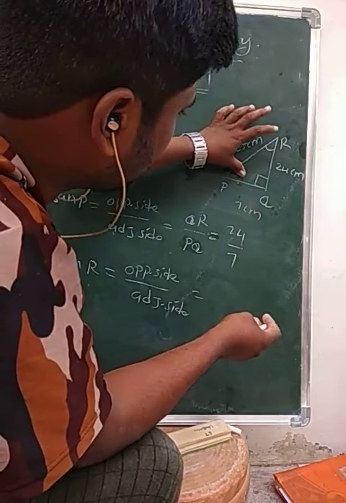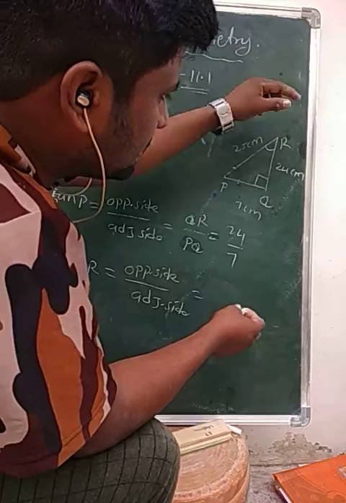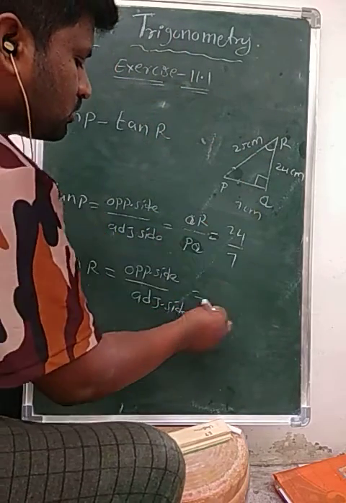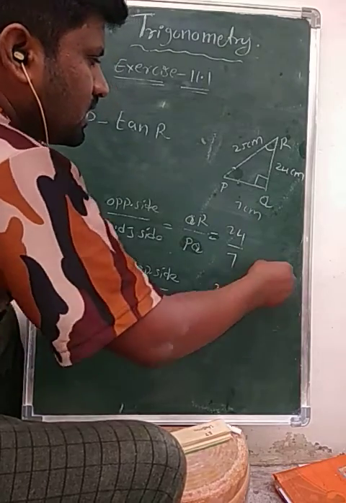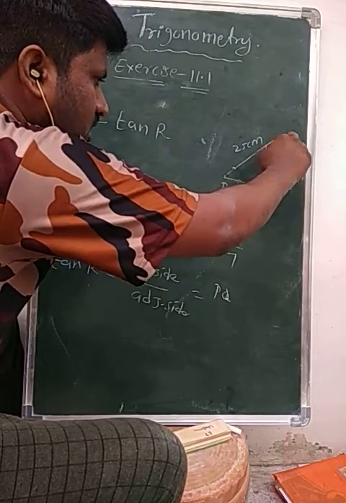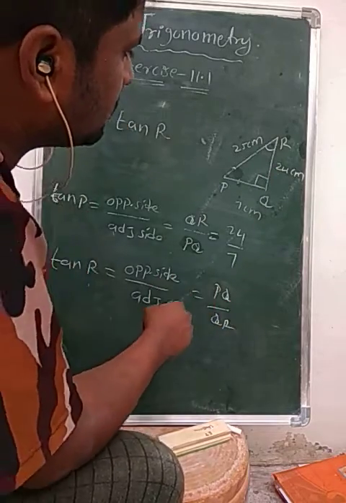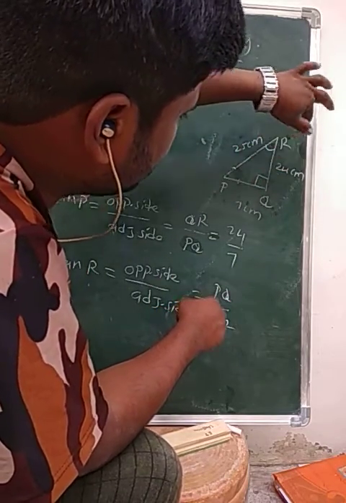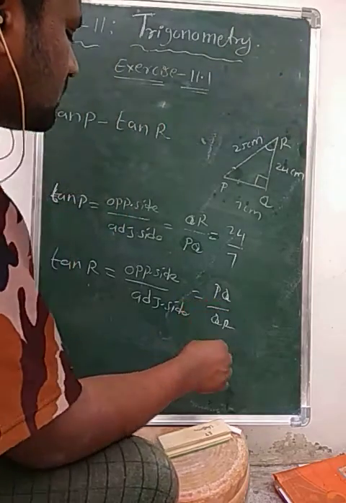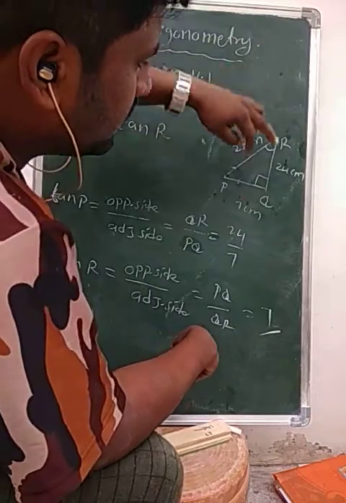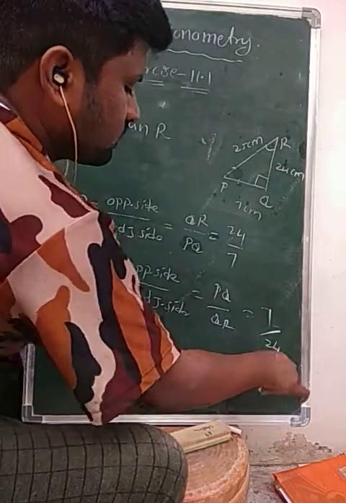Now for angle R, the side opposite to angle R is PQ, and the side adjacent to angle R is QR. So PQ is 7 by QR is 24.